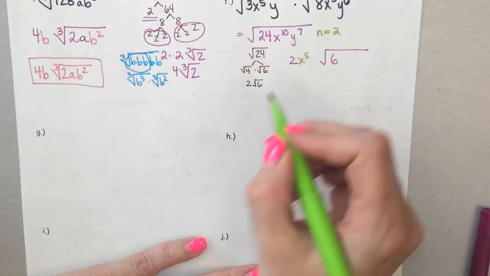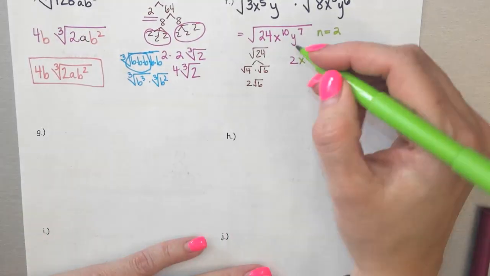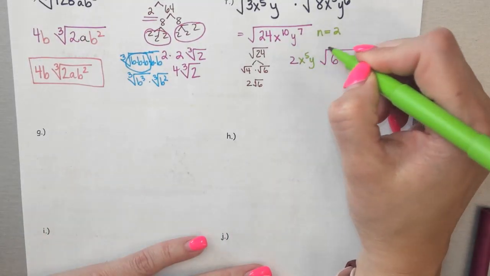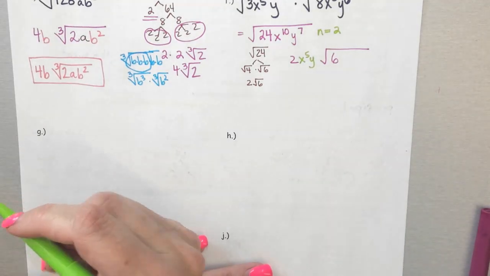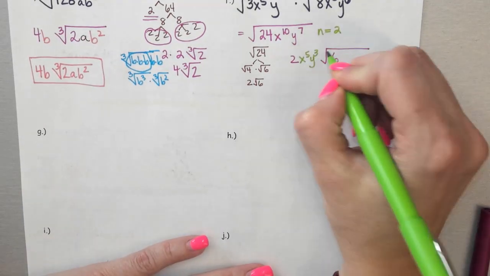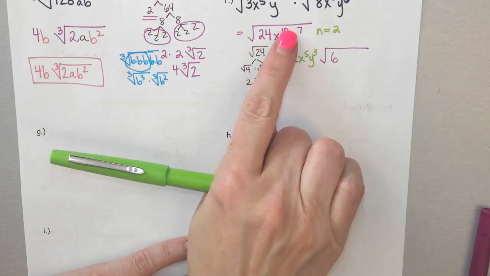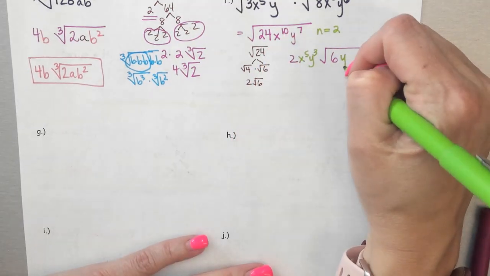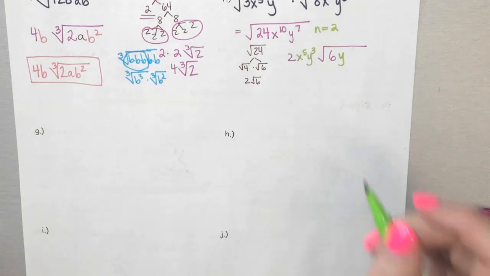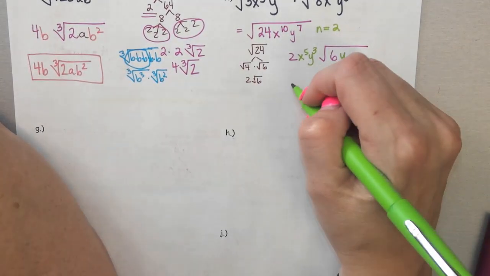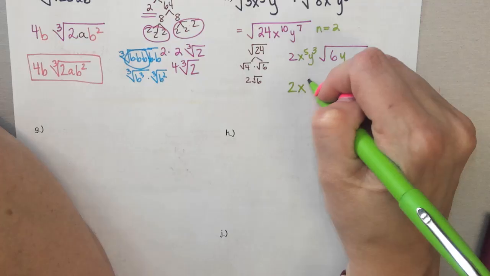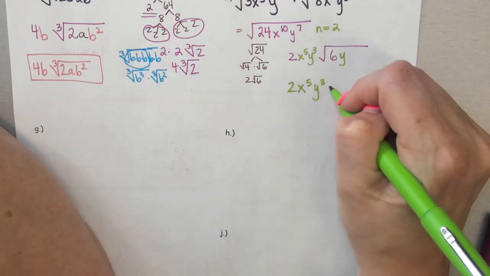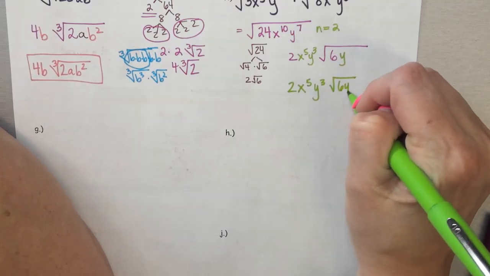Yeah. How many times does 2 go into 7? 3, because 2 times 3 is 6. So if you subtract 6 from 7, you will get y. Okay, so your final answer is 2x to the 5th, y to the 3rd, times the square root of 6y.